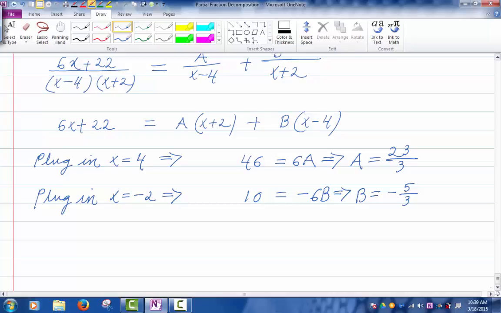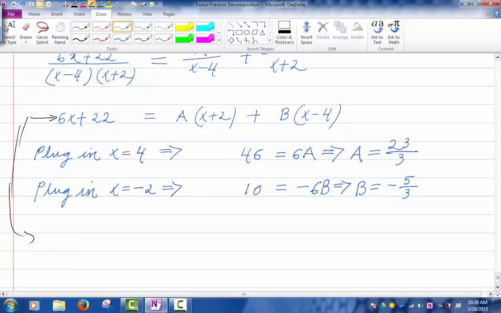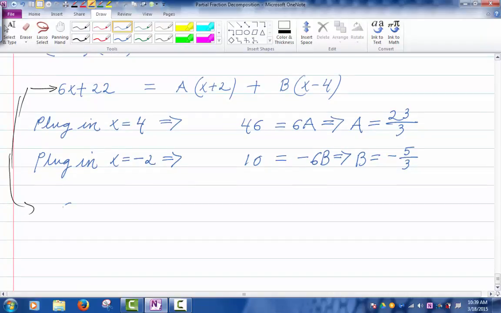Okay. So once I got this line, instead of plugging in stuff, I'm going to say that on the left hand side I have 6x plus 22.